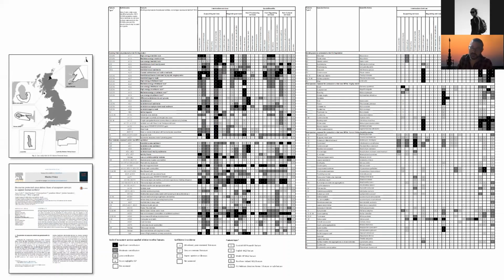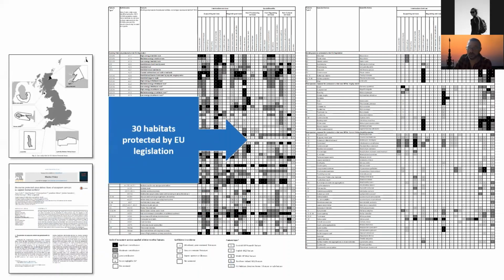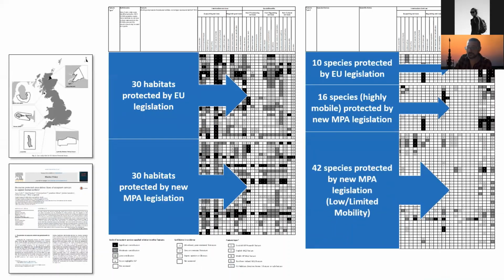But what this does at a UK scale, these scores are relative to each other. They're not produced in isolation, so we compare and contrast the scores across habitats. It gives us a basic quantitative understanding of the contribution of those habitats and species to a particular set of services or benefits. I'll just skip through that.